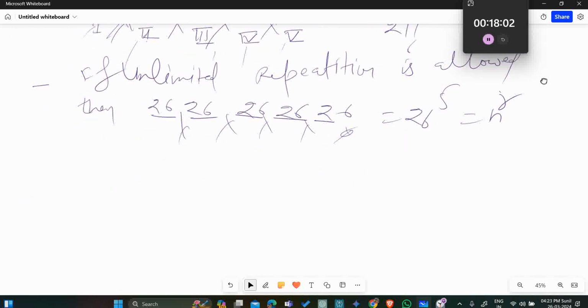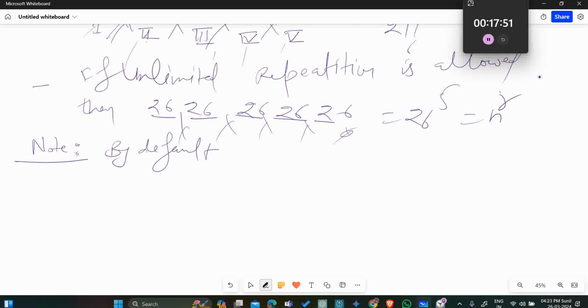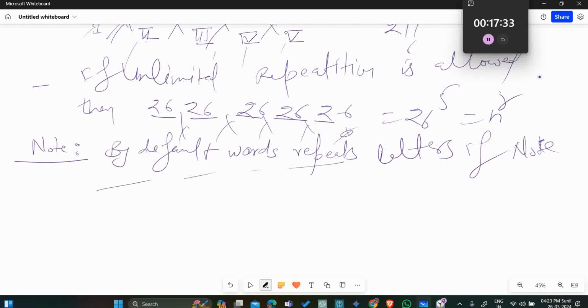So one note is, by default words repeat letters if not mentioned.